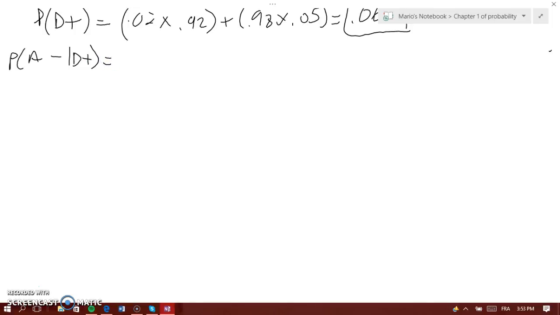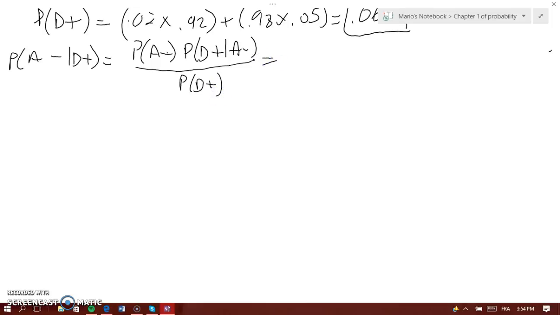I hope by now we can use the PA negative times P D positive given A negative over P D positive, and that would equal to 0.98 times 0.05 divided by 0.0674, and that would equal to 0.727.